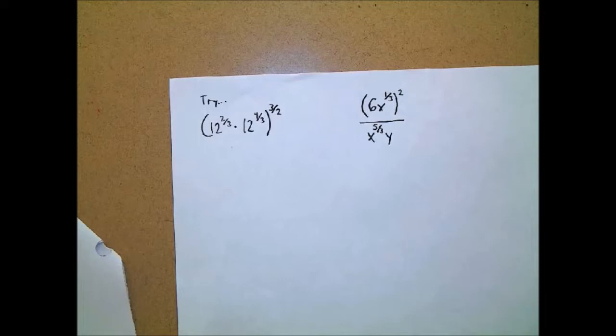Okay. So I would encourage you to distribute the 2 to both of these. So it becomes 6 squared, which would be 36. And then you have x to the 1/3 to the 2, so those exponents are going to multiply, so it's 1/3 times 2, 2/3.